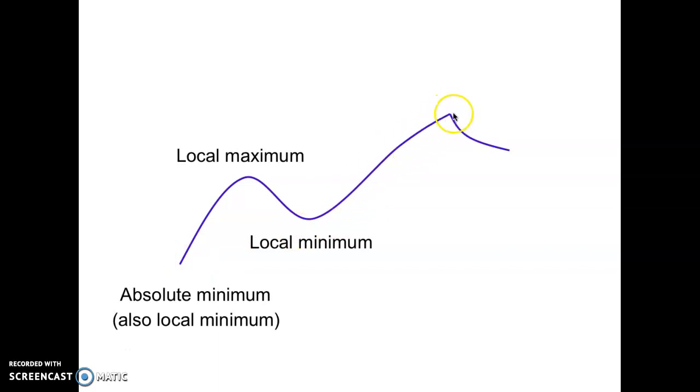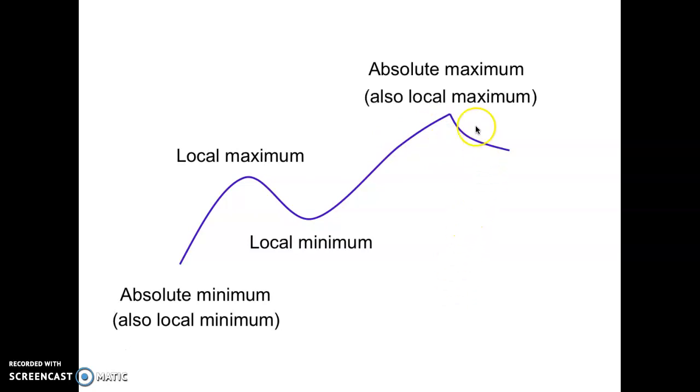Next, I notice here is the global or absolute maximum value, and also because it is higher than the points in its neighborhood, we could also call it a local maximum. And lastly, at this endpoint, this is considered a local minimum because, again, the output is lower than the points in its neighborhood or in the surrounding points near it.